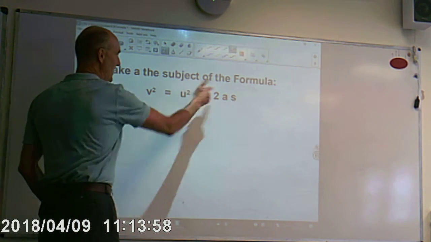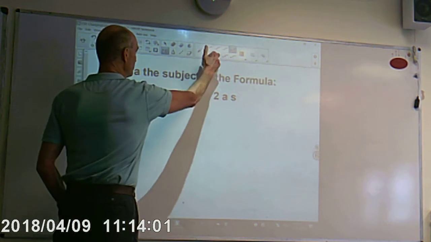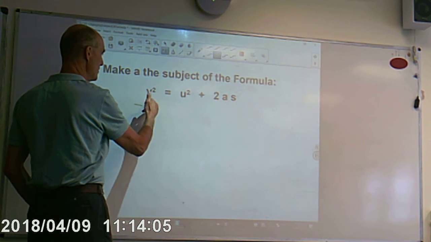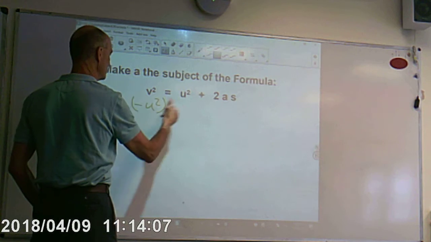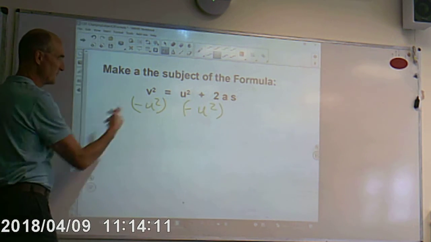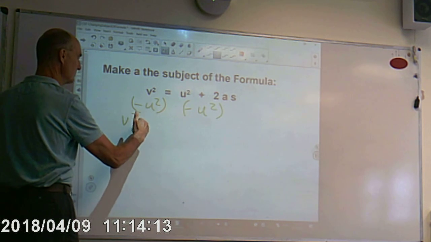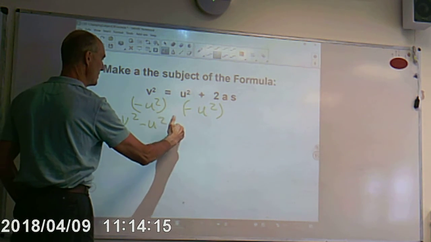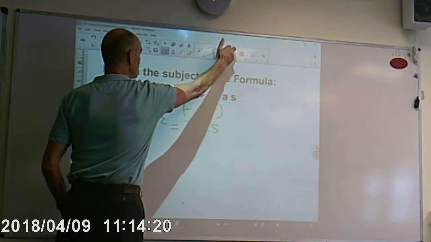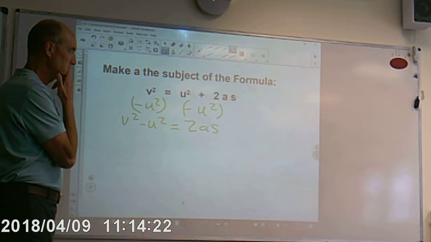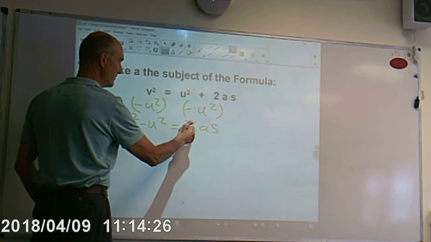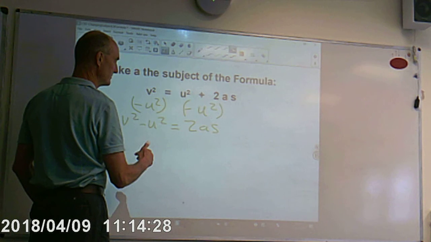So, we're trying to get that A on its own. What's the first thing we do? We want to get rid of that u squared there. So we say minus u squared to both sides. So on the left hand side, we've got v squared minus u squared. On the right hand side, we're left with 2as. Right. So, we want to get that A on its own. We've got to get rid of the 2, we've got to get rid of the s.